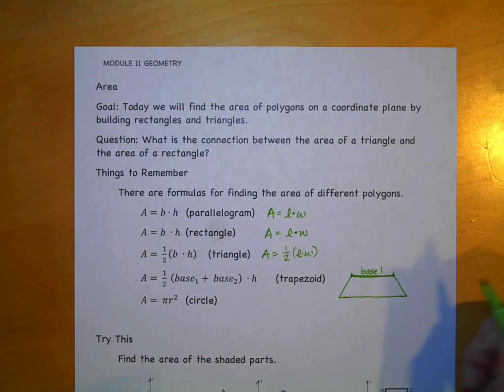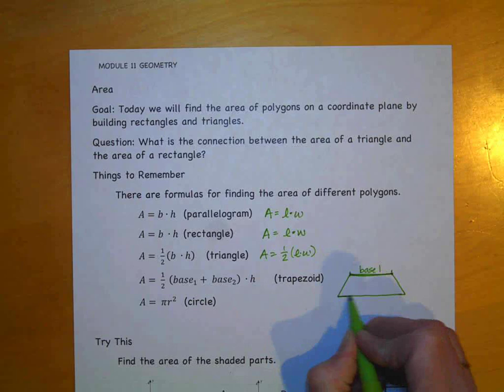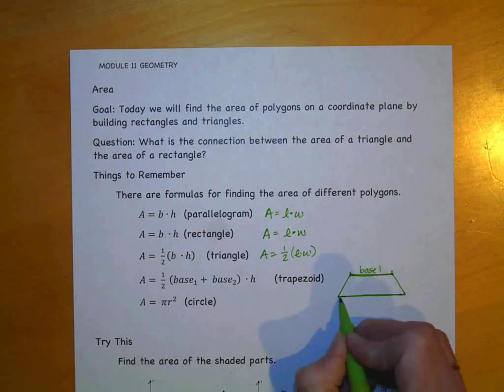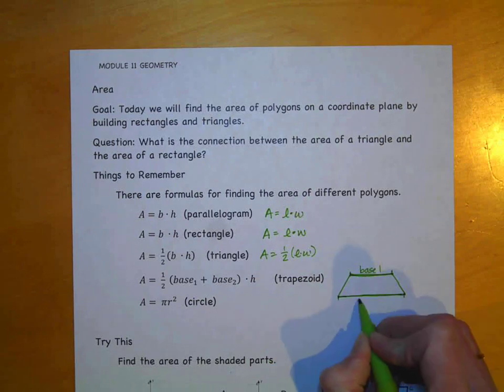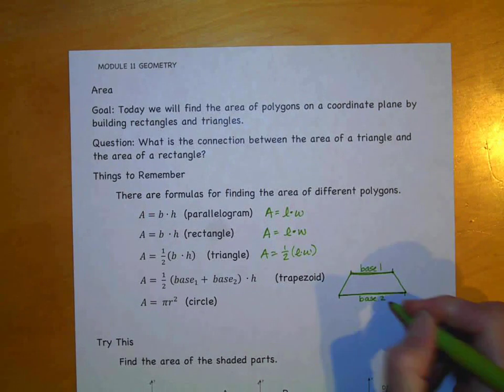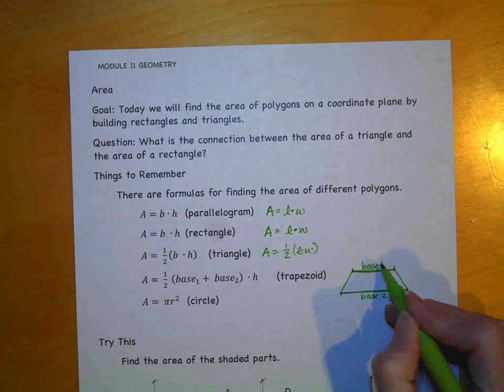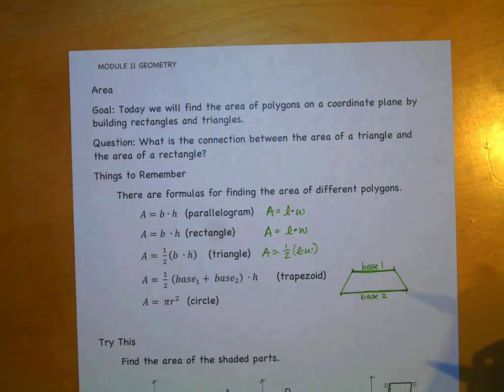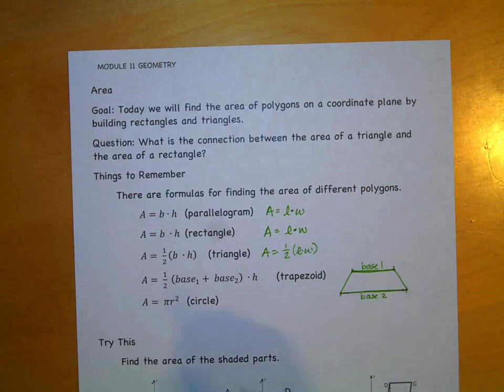So this is considered base 1. Well, if that's base 1, then this right here is going to be considered base 2, because a trapezoid has 2 bases. It has a top and a bottom. And this could be base 2 and this could be base 1. It really doesn't matter as long as you can identify your base 1 and your base 2.